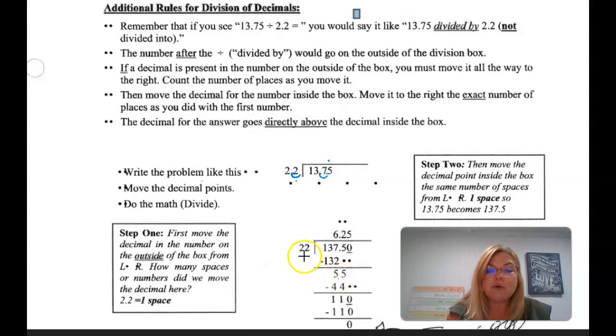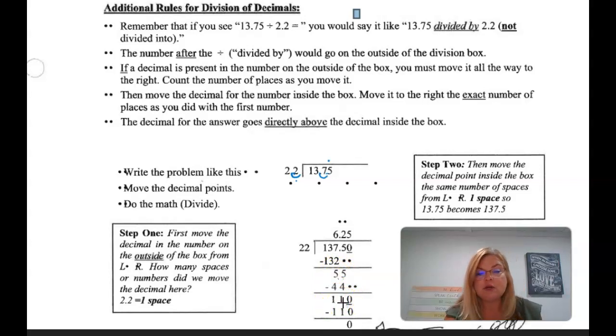So we know that 44 is the maximum number. We can't times it by 3 because then we'd be into 66. So we go, okay, it is 22 times 2. So I write my 2, and then I go down and I say 2 times 22 is 44. And when I get that, I get 11.